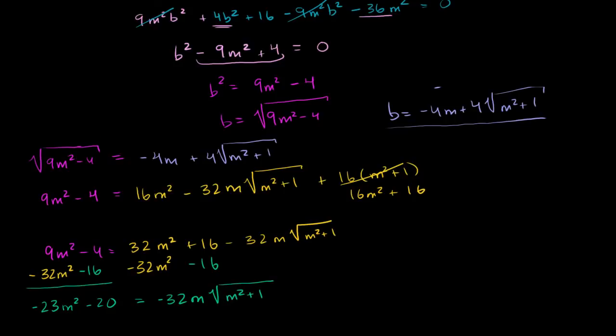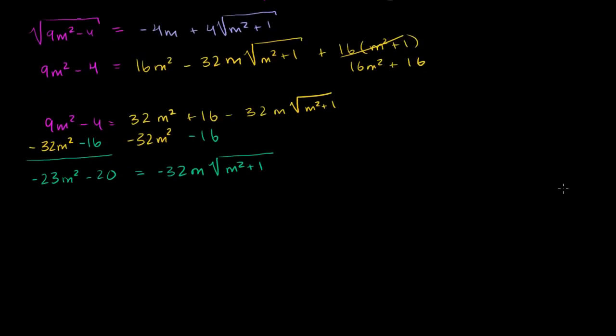Now we can square both sides of this equation. It's not the cleanest problem in the world, but hopefully if we haven't made any mistakes, we'll get someplace productive. Actually, let's multiply both sides of this equation times negative 1, just to make it positive, simplify things. So that becomes positive, positive, and positive.